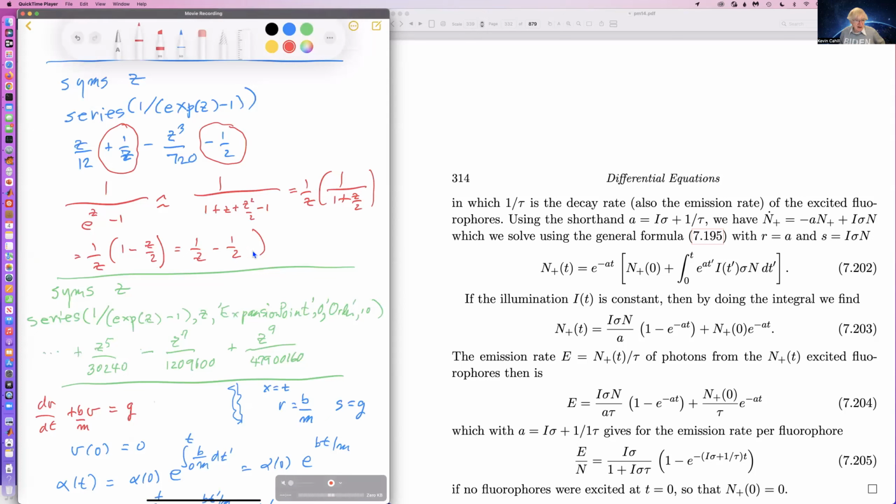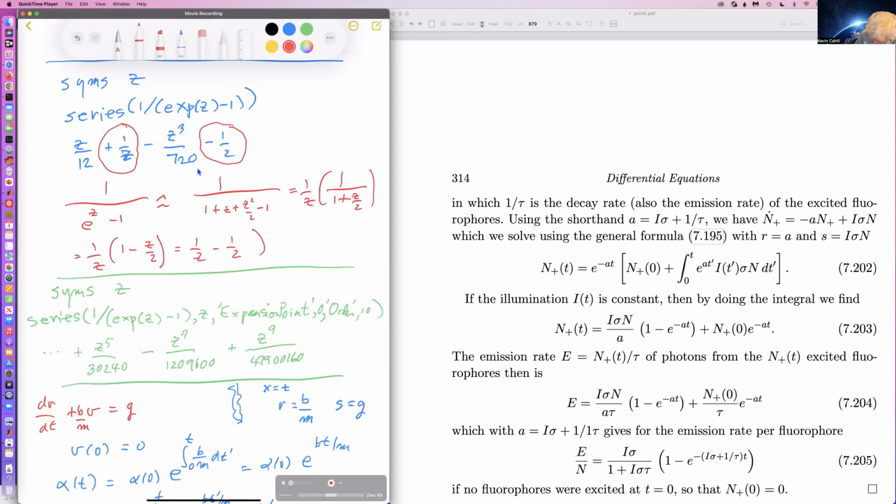You have then 1 over 1 plus z over 2 is just 1 minus z over 2, approximately, for small z. And you multiply that out, you get 1 over z as the singular term, minus a half as the first correction. So these are the two that I circled in red. But Matlab gives you the next two terms, z over 12 minus z cubed over 720.